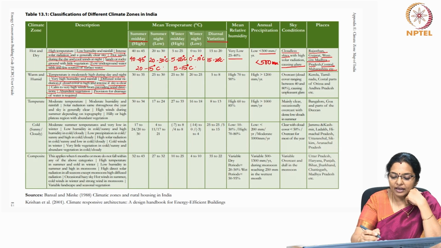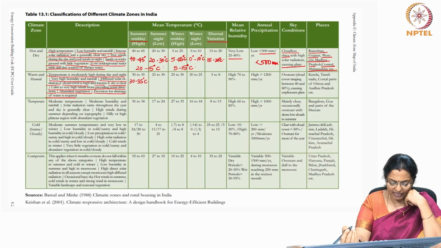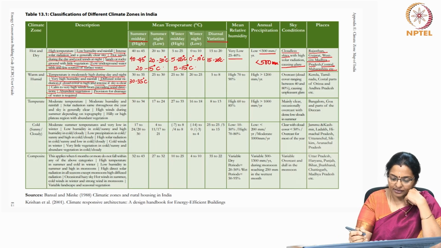Summer midday high temperature ranges between 30 to 35 degrees centigrade as far as Bansal and Minke and Krishnan et al. say. But actually in warm and humid, the temperature soars much beyond this and reaches even 40 degrees centigrade. Summer night, between 25 to 30 degrees Celsius.